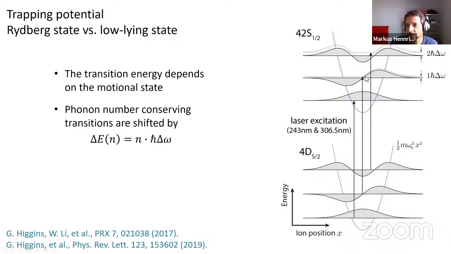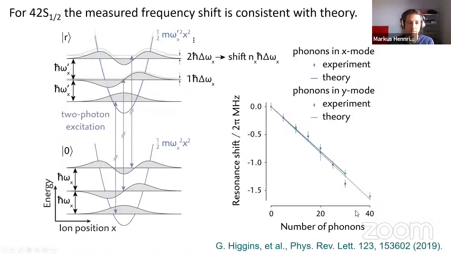So if you multiply this wave function with that, it's almost 0. So what we will see is different transitions from 0 to 0, from 1 to 1, from 2 to 2. And we can now actually prepare our ion in specific motional states, Fock states, and look at the resonance frequency of our transition.